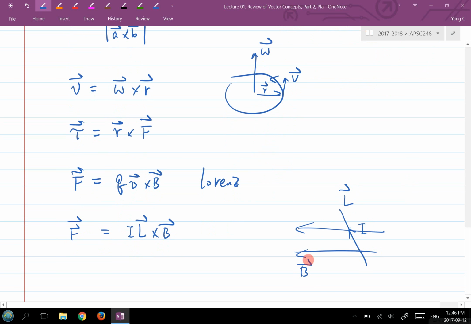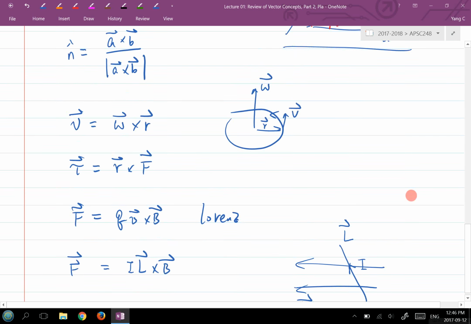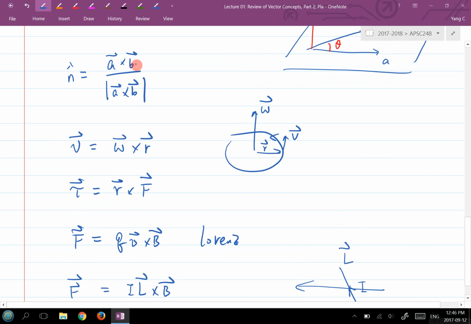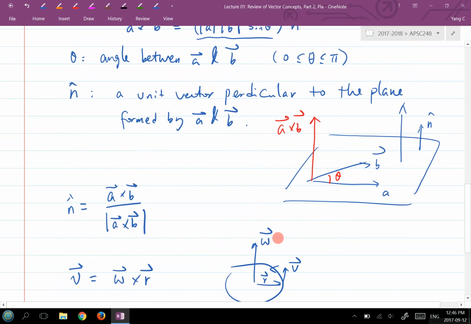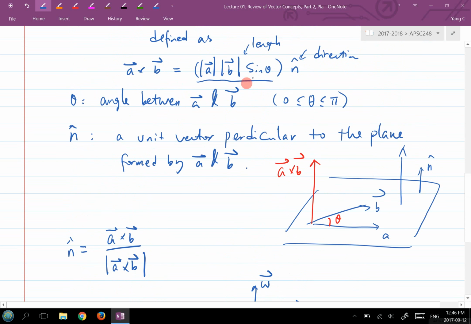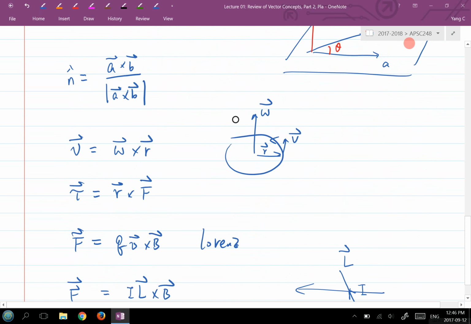So many applications of a cross product, and later you're going to see many others. So coming back to the calculation of the cross product here, this is a definition, so that's actually not what we mostly use for calculation. For calculating the cross product, we use the following formula here.